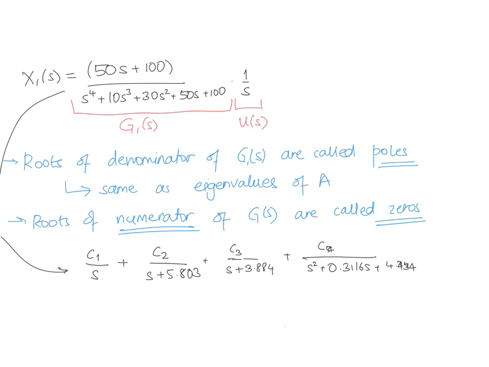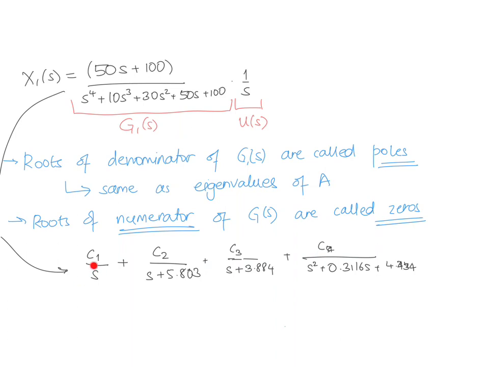I'm not going to beat on it too much right now, but the only thing that I want to point out is that these C1, C2, C3, C4 may be polynomials of s, especially linear polynomials of s in this case, and they play a role in the way these three modes and this input U of s add up to give you the overall step response of the system.